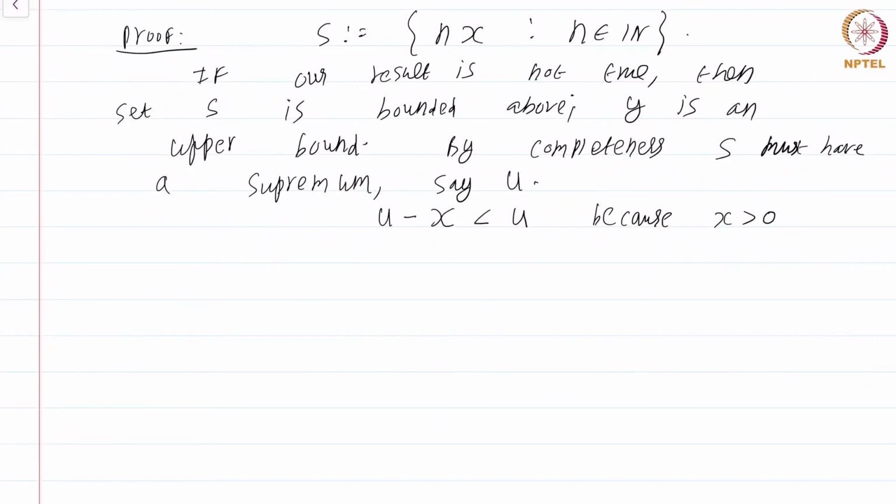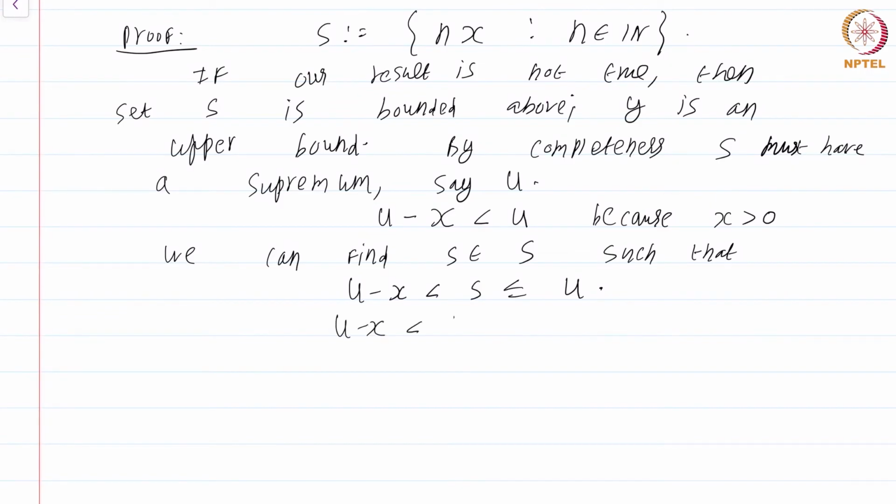But by the second property of supremum, and since u is the supremum, we can find s in S such that u minus x is less than s is less than or equal to u. But s comes from the set capital S, so I can write this as u minus x is less than n_0 x is less than or equal to u for some n_0 in N.